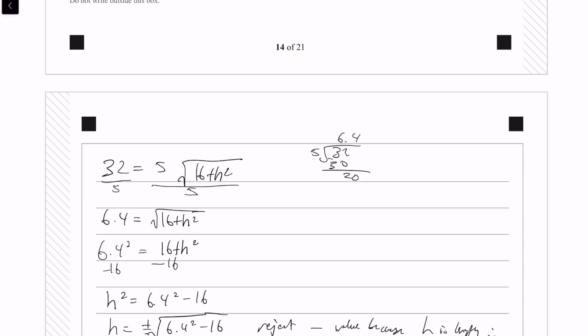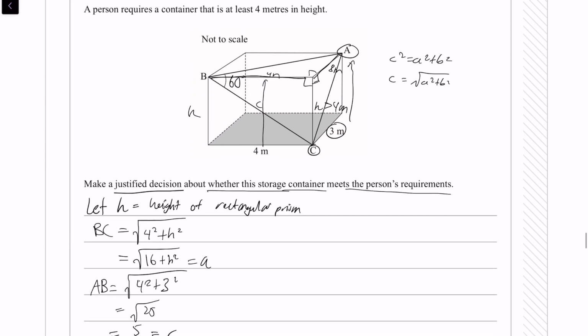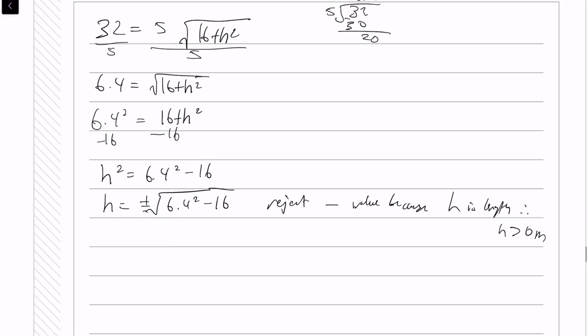Therefore, h is greater than 0 meters in the container. So therefore, h is equal to the square root of 6.4 squared minus 16. Remember, when we're square rooting, technically, we have plus and minus, but I'm explaining why I'm choosing the positive value rather than the negative value.